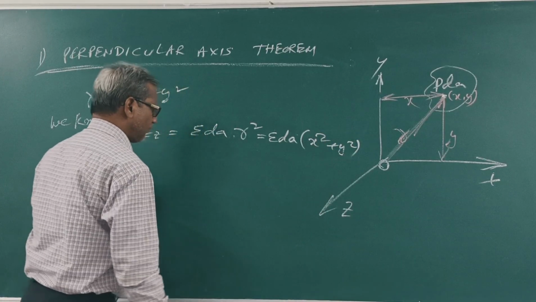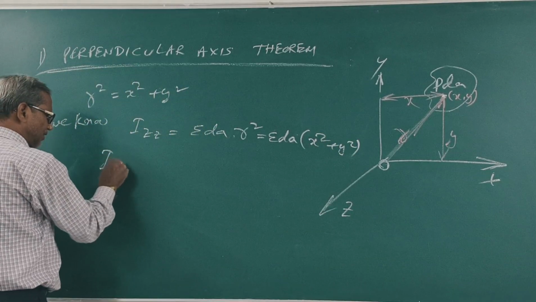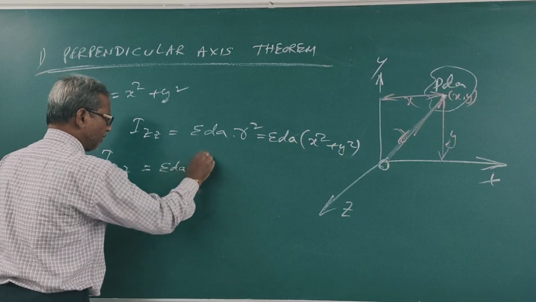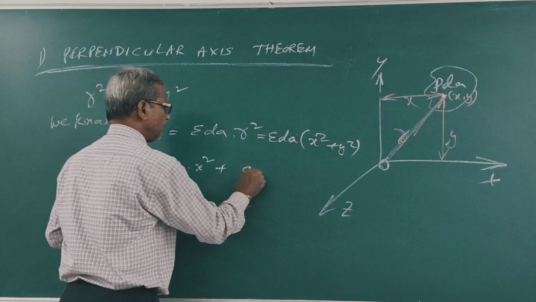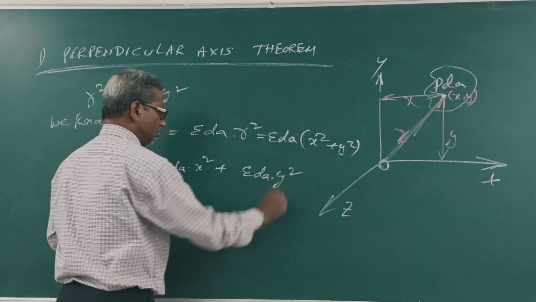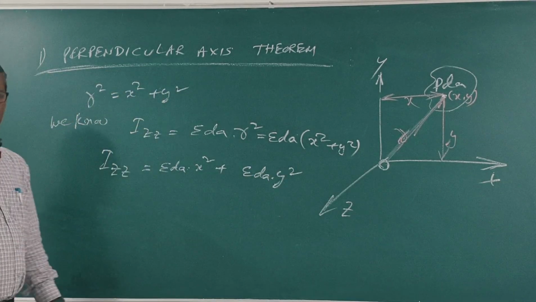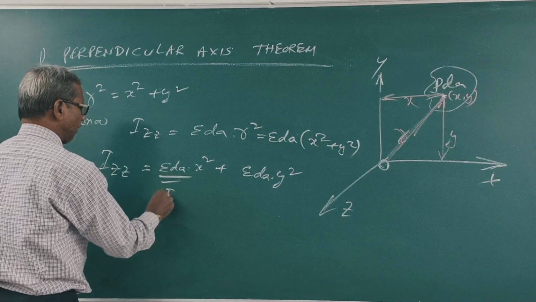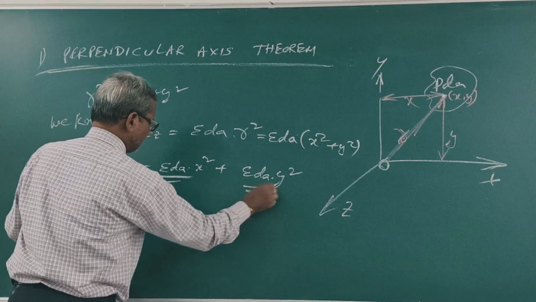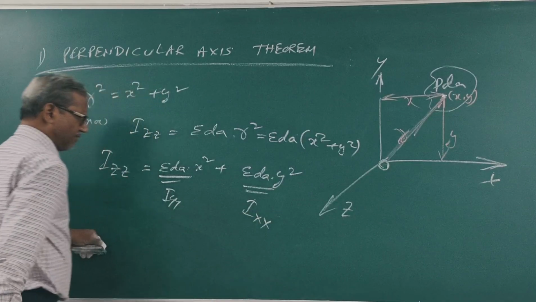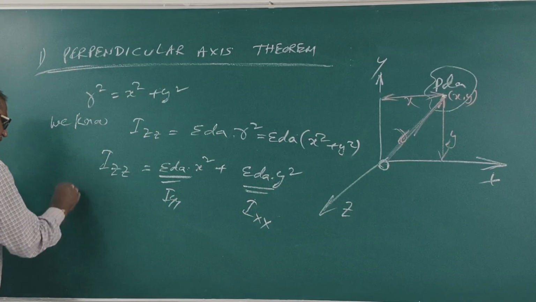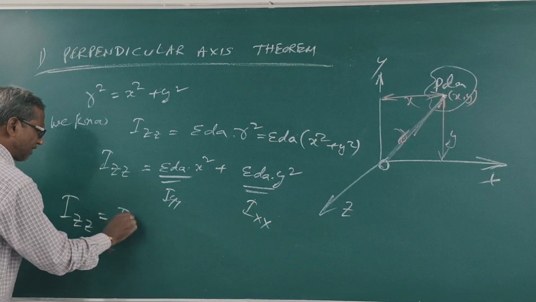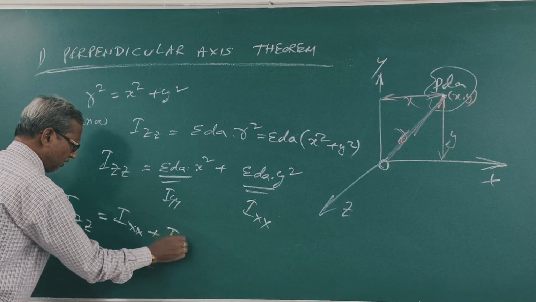Iz is equal to sigma dA x square plus sigma dA into y square. So what is this? Iyy. What is this? Ixx. Clear? So Iz is equal to Ixx plus Iyy. Proved.